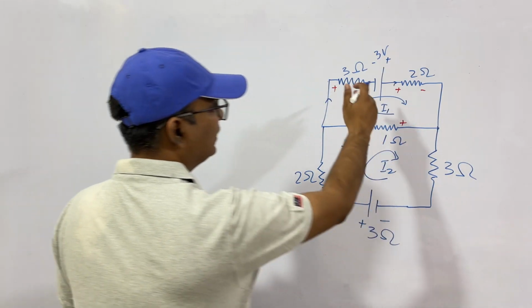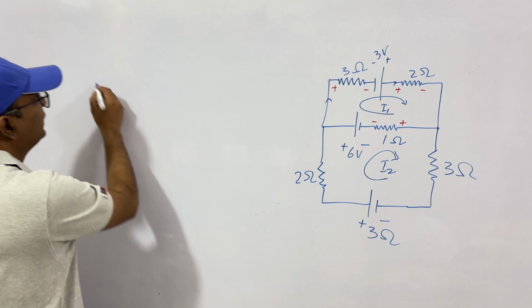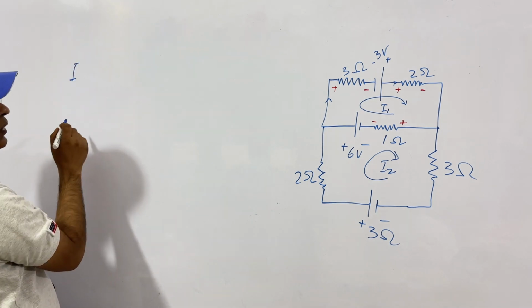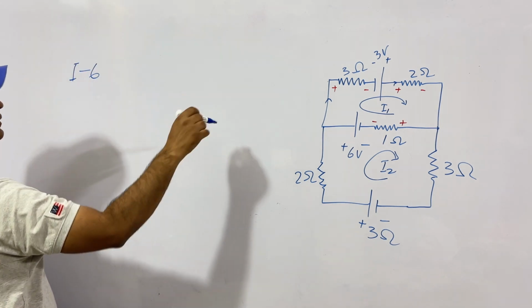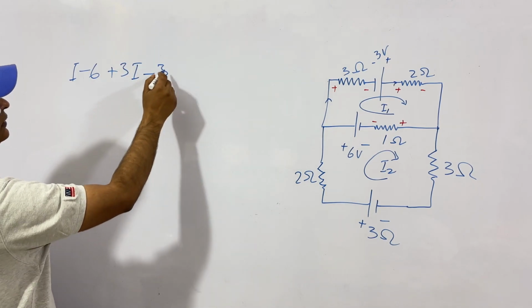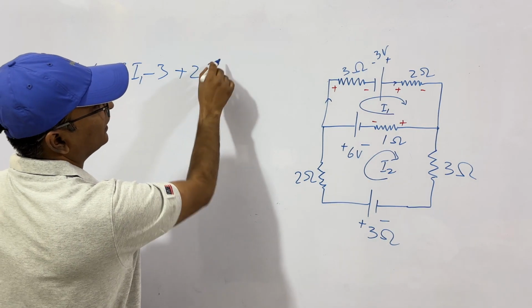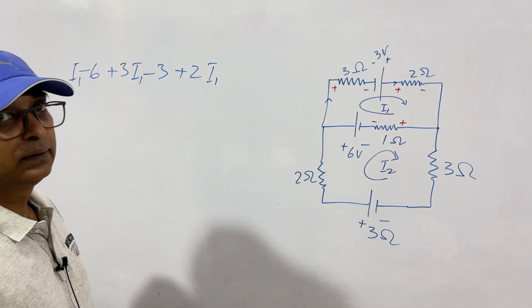Okay, and we'll take the equations. So this first loop, it is I into 1 minus 6, then plus 3I minus 3 plus 2I1, equal to 0.